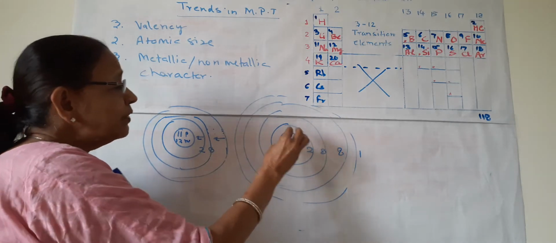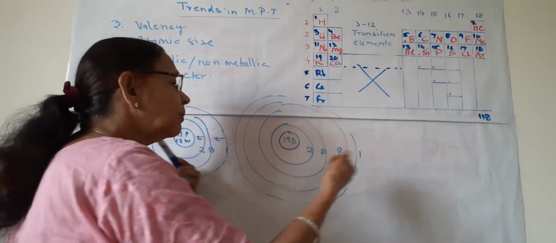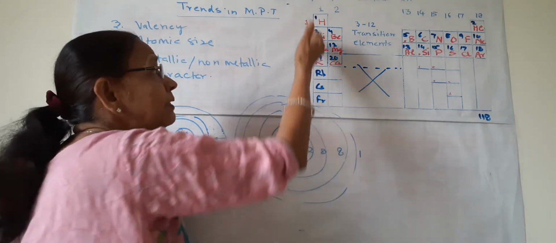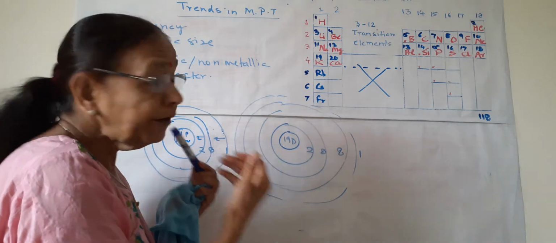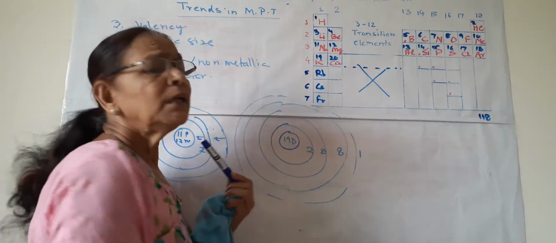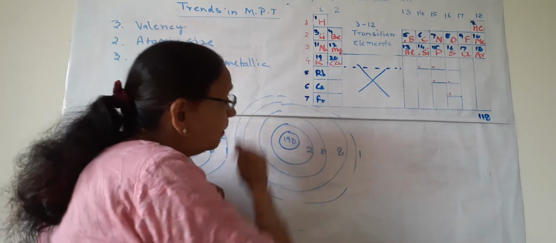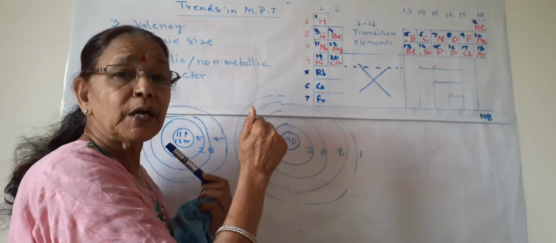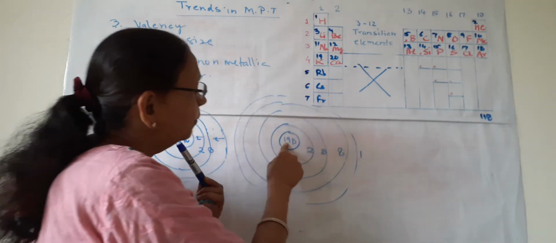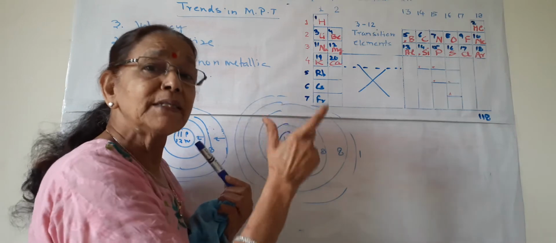So if nuclear charge is more, it should attract the outermost electrons towards it. As we go down, the nuclear charge is also increasing. Even then, the size of the atom is more, because the greater number of shells outweighs the nuclear charge. Though the nuclear charge is more, the number of shells is more.